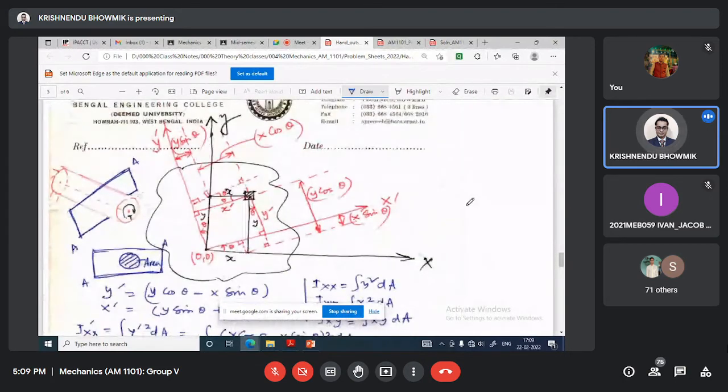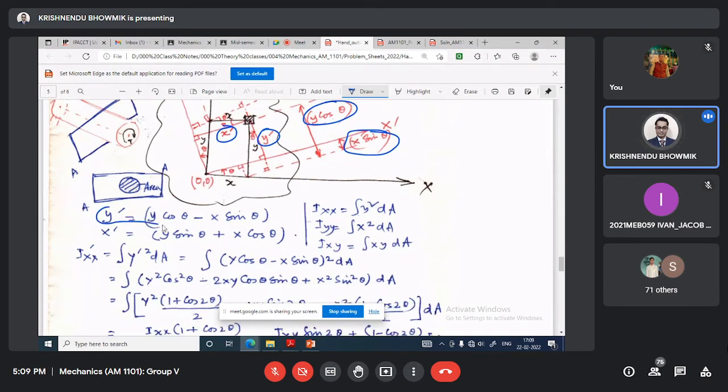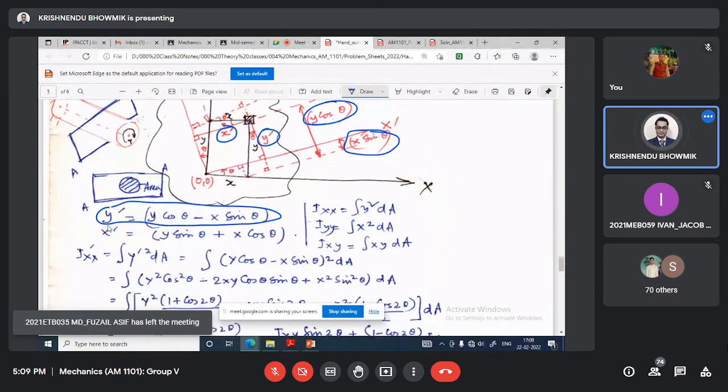I have posted this for you also. So this is the y prime, this is the x prime, this is y sin theta, x cosine theta, y cosine theta, x sin theta, and this is the relationship between y prime and x prime.